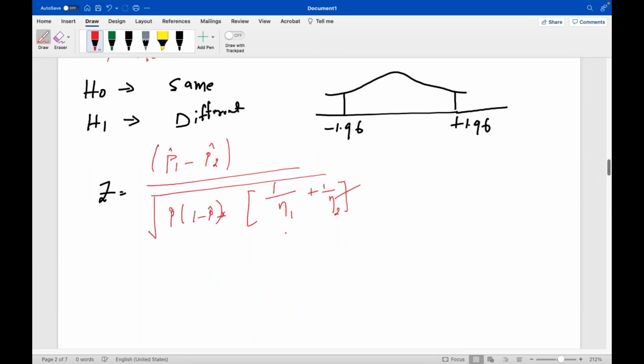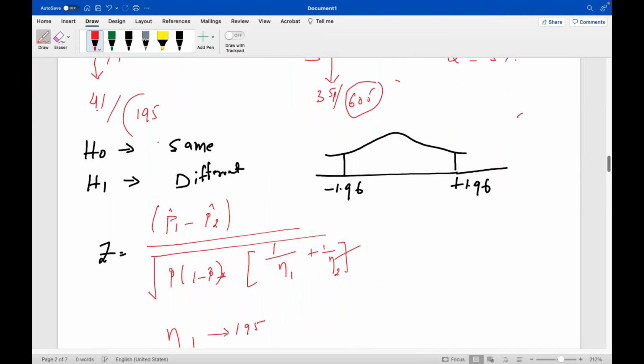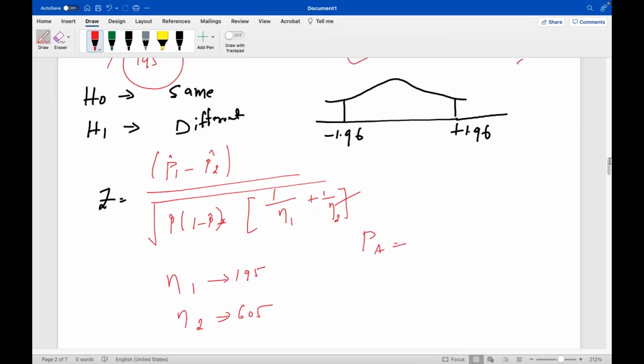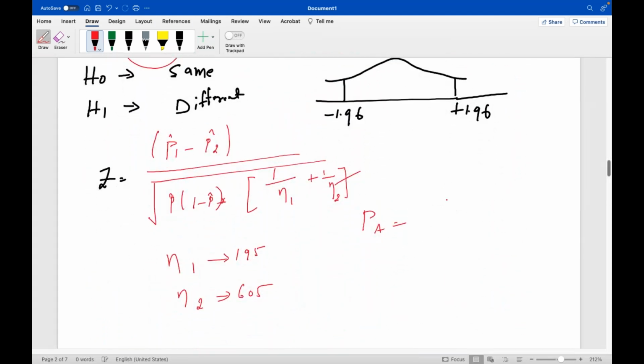In this formula, n1 is the sample size of drug 1. Is it 195 or not? From the problem statement, yes, it's 195. And the sample of drug 2 is 605. Now proportion 1, the drug A proportion: it works on 41 people out of 195.